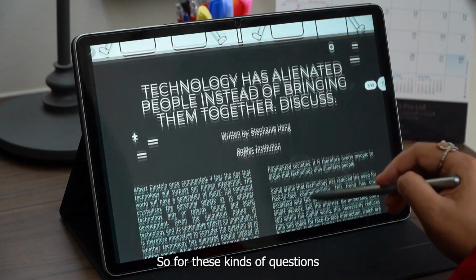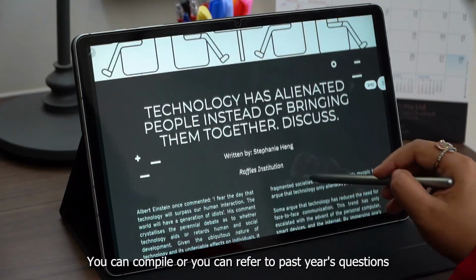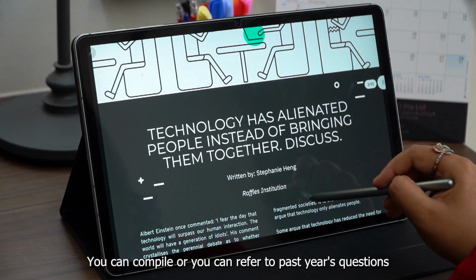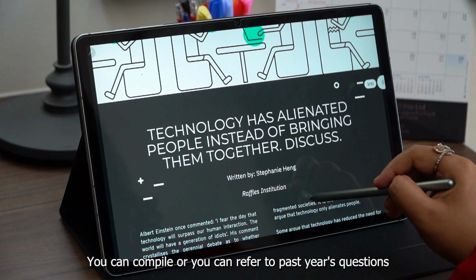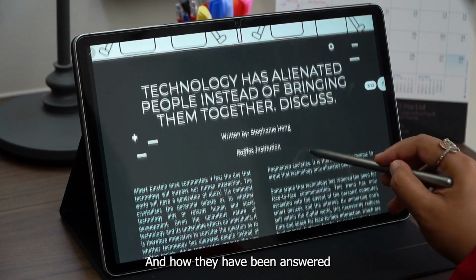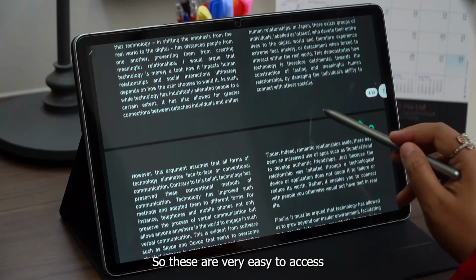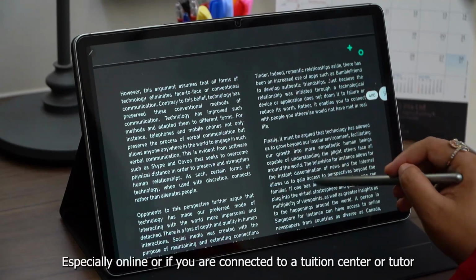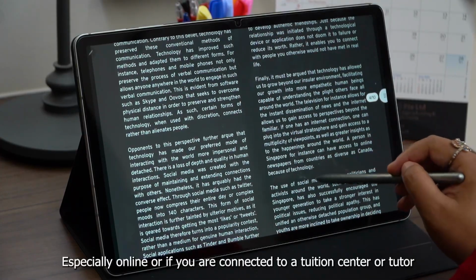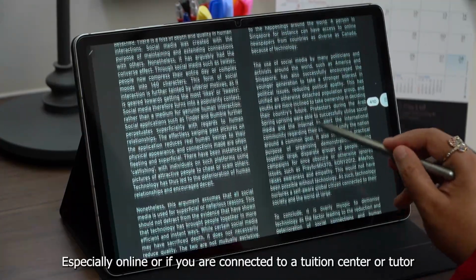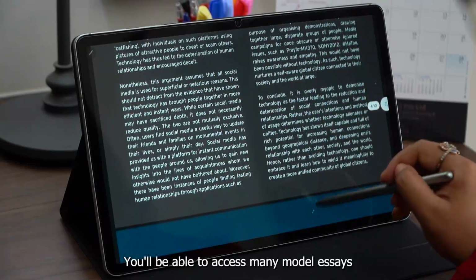So for these kinds of questions, you can compile or you can refer to past year questions and how they have been answered. So these are very easy to access, especially online, or if you are connected to a tuition center or tutor, you'll be able to access many model essays.